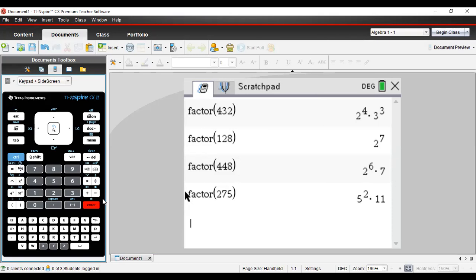So when you see that, that's the prime factorization. That's what we're going to use.